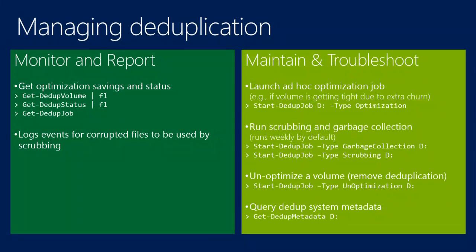Finally, you can unoptimize a volume. Just like the caveat about how many VDI files you can put onto a volume, be careful with this. If you have a 3 terabyte volume with 10 terabytes of data on it, 3 terabyte physical disk, and you try to unoptimize that, you'll have a problem because we won't be able to get 10 terabytes of data on that 3 terabyte disk.